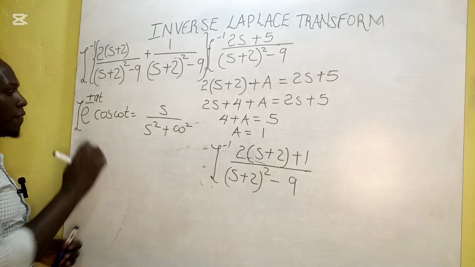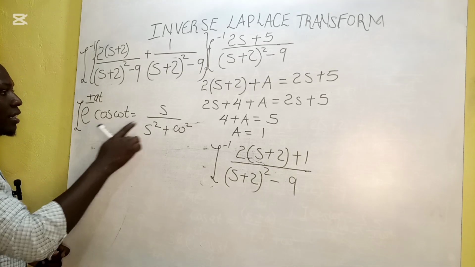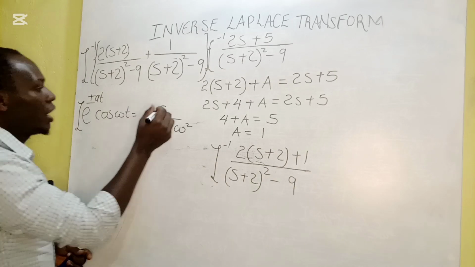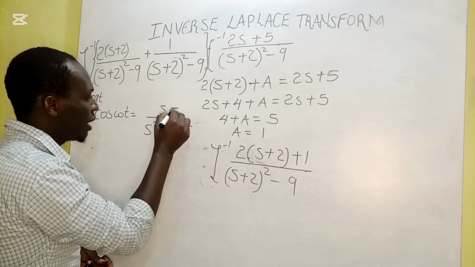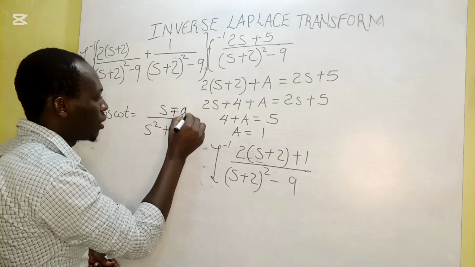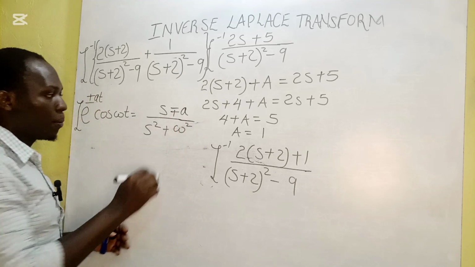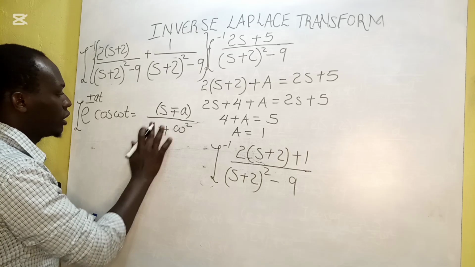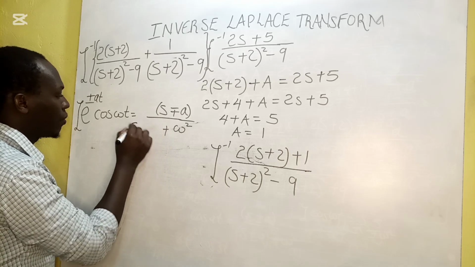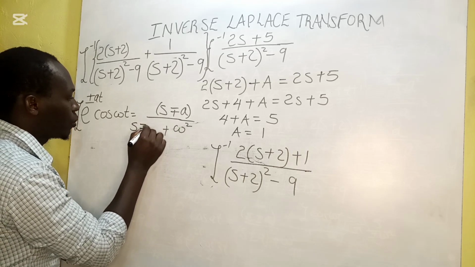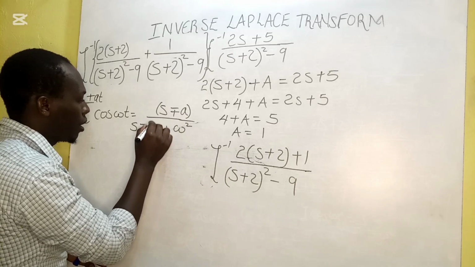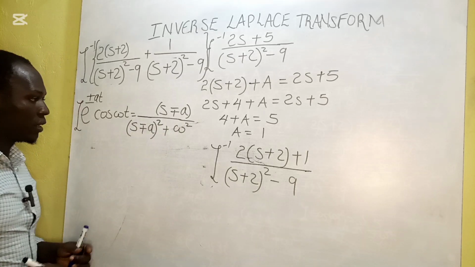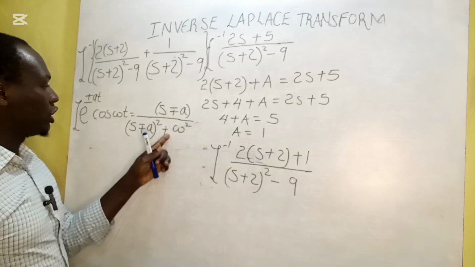Since it is a first shift theorem, it means that the term of s will be shifted, and here we are going to have a negative or a positive of a, the term of s being shifted, and on the denominator now we are going to have s, negative or positive of a, everything squared.